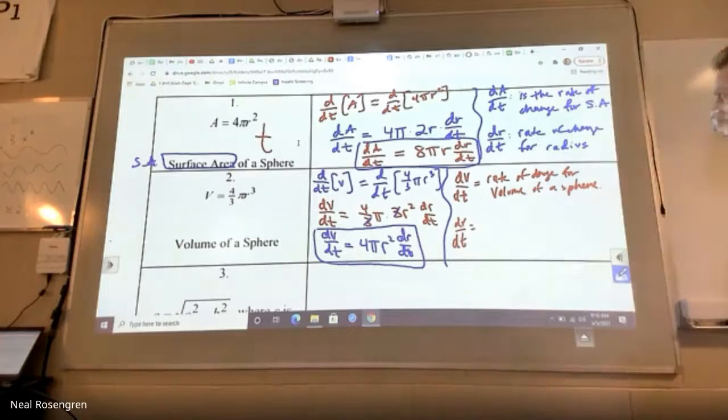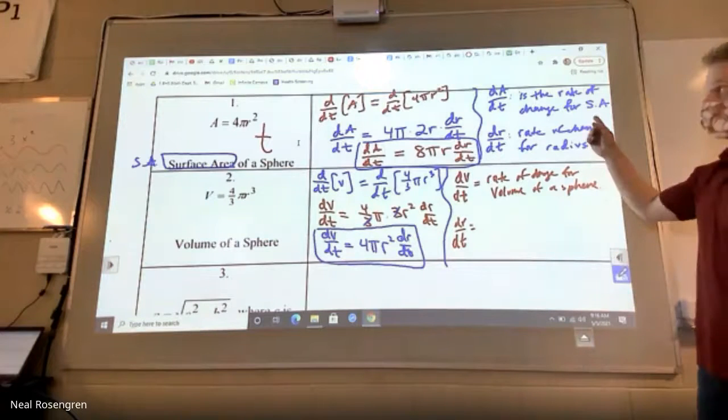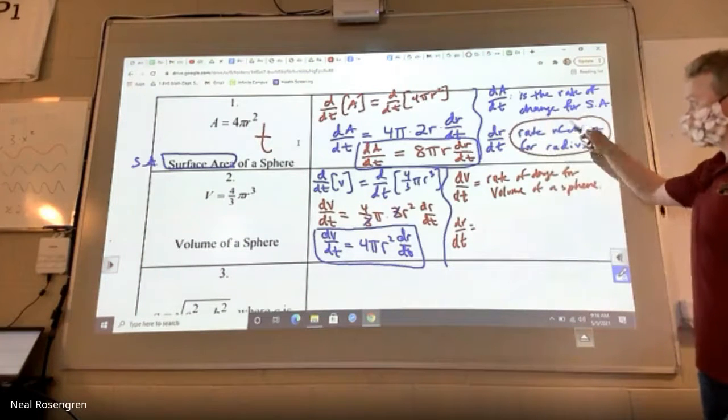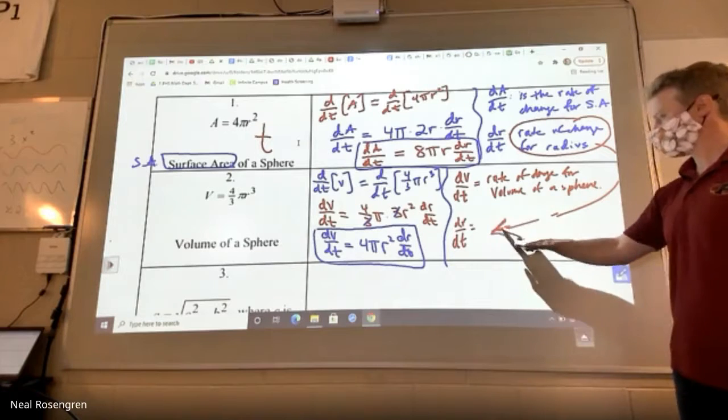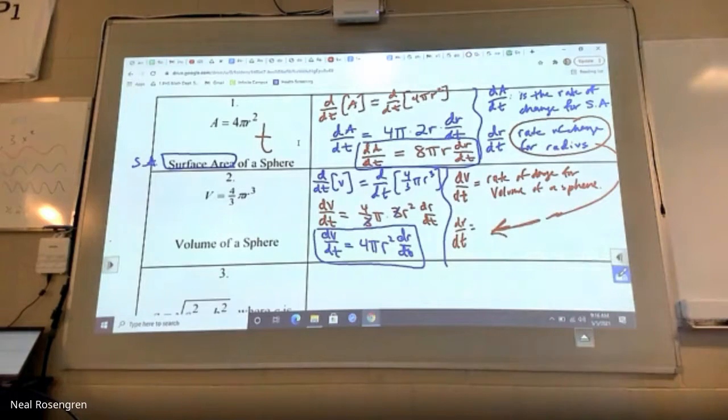What's that? Rate of change for the radius. Voila, dr/dt. How quickly the radius is changing as we go.